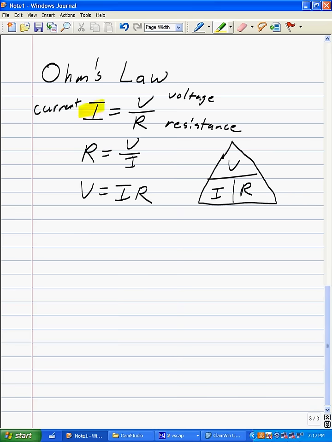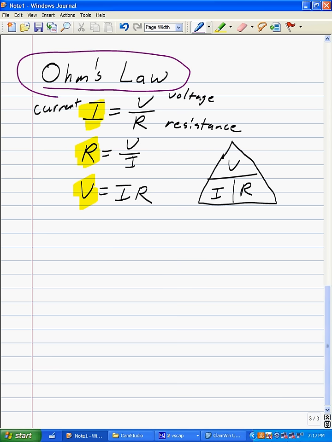So some examples of household things that you might see around the house. A 100-watt light bulb has a resistance of about 145 ohms. Let's write bulb up here so we remember that's a bulb.